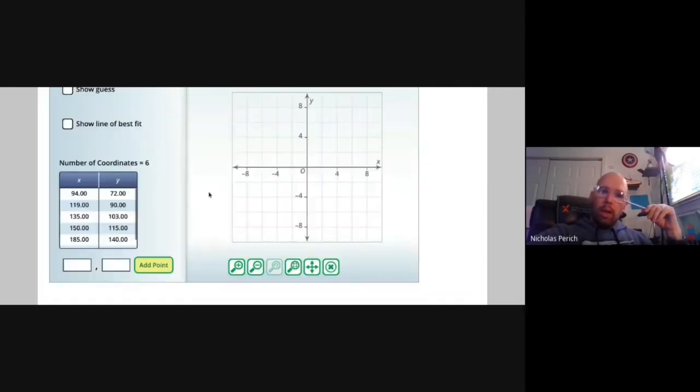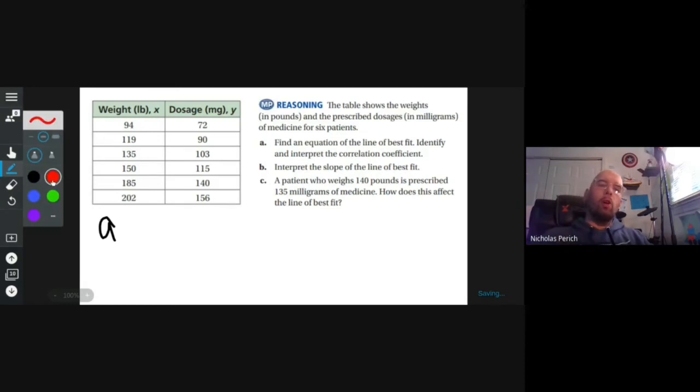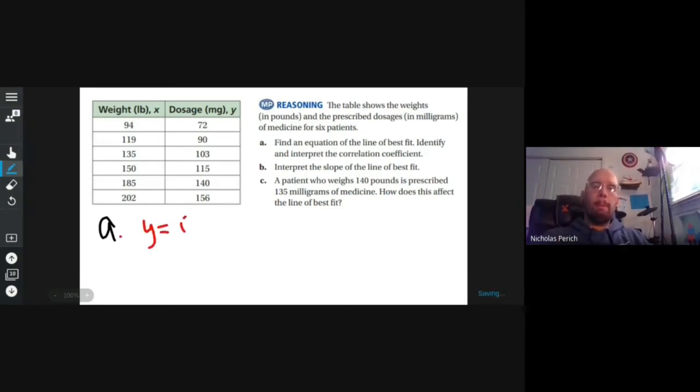All right, so whoopsies. I added my points. I got y equals 0.77x minus 1.1. So A is find the line of best fit: y equals 0.77x minus 1.1.